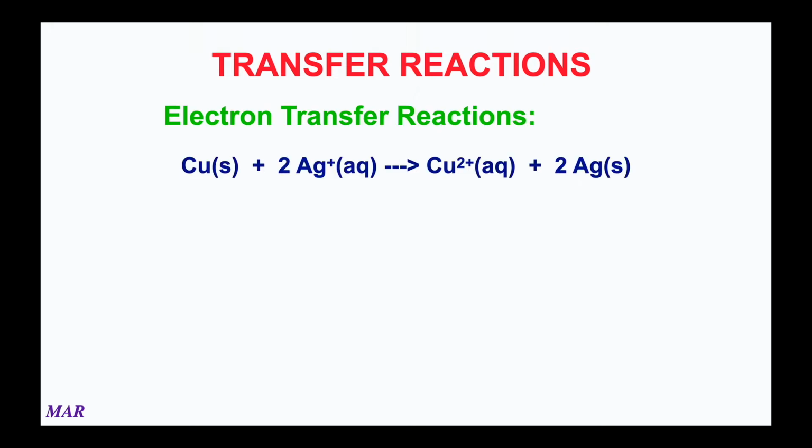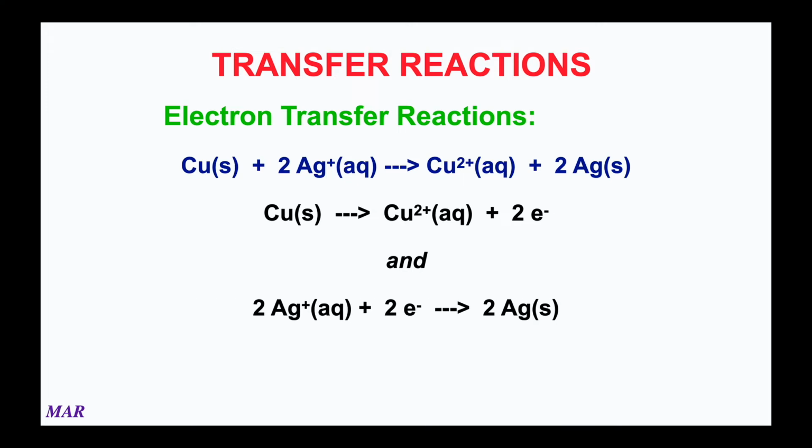In this reaction between copper and 2 silver plus ions to make copper 2 plus and 2 silvers, what you can do if you really want to see those electrons, and there will be times that we want to, is break them down into half reactions. In half reactions, you can show electrons. If you write the half reactions correctly, one of the half reactions will have electrons as products, which means electrons are being given up by the reactant. So in this first reaction, copper metal is giving up 2 electrons.